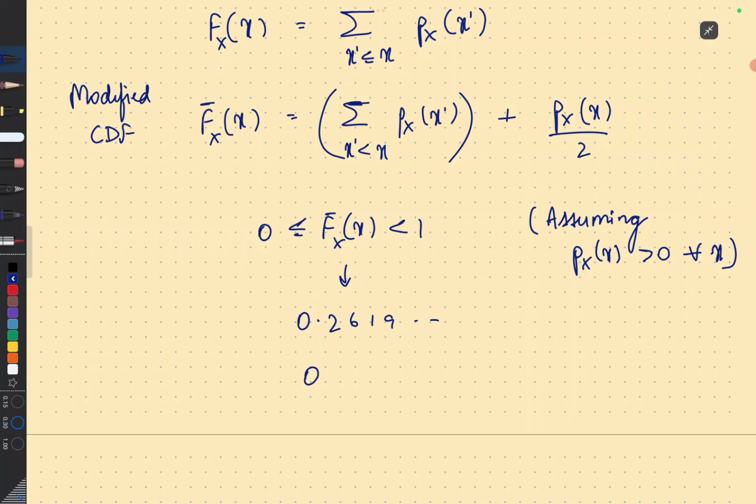I can also represent this in binary as, I don't know, 0.10101110 something. All right. So corresponding to each f bar x, I have some binary sequence. All right. Our approach will be to design a code purely based on this binary representation of f bar x.